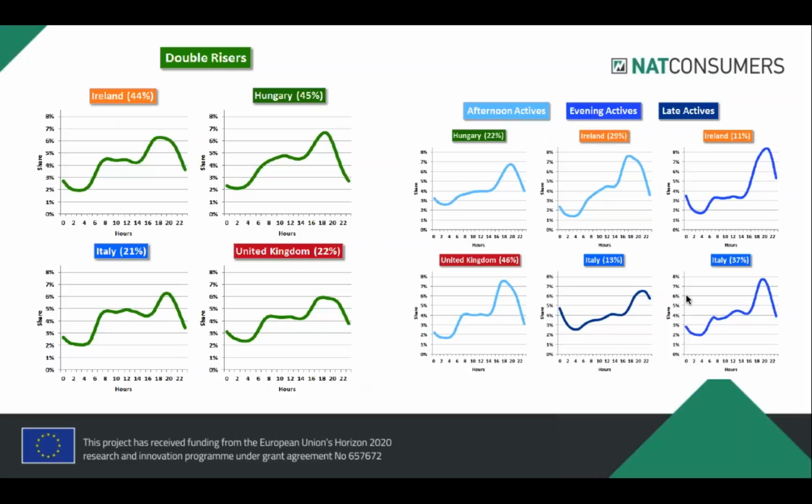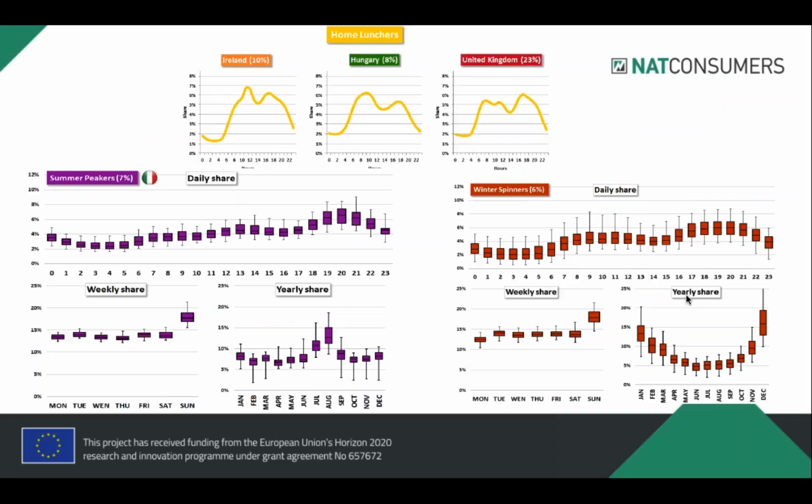We have different types of actives: afternoon actives, evening actives, or late actives. For example, in Italy we had late actives. In Hungary we had afternoon actives. The specialty of this group is that they have one big peak, mainly in the afternoon or mainly in the evening, but they don't have this two-step type of consumption pattern as the double risers had.